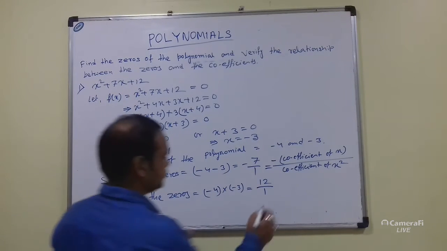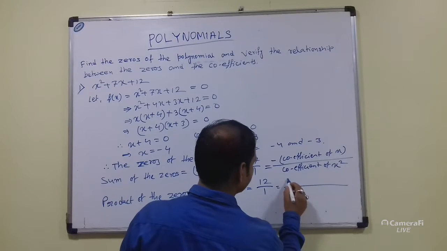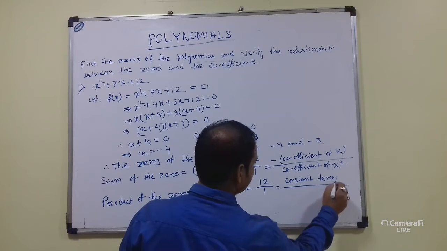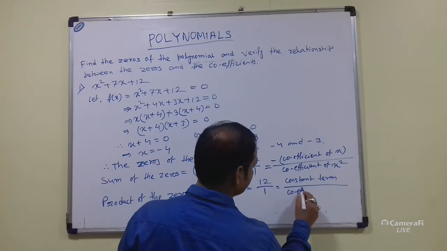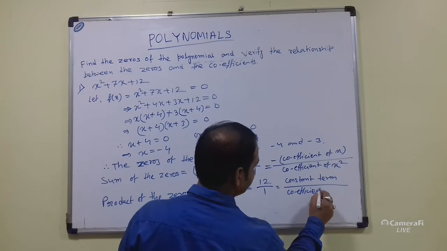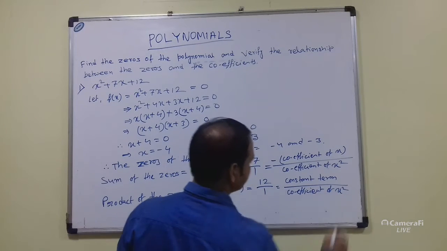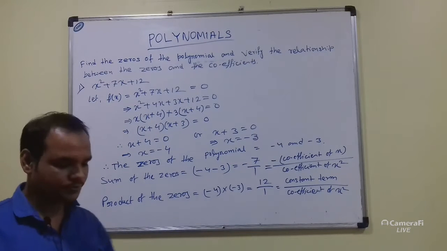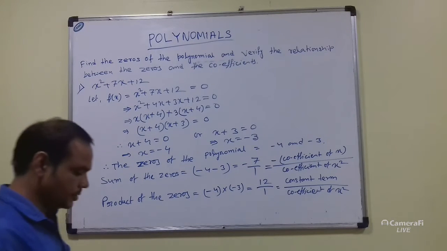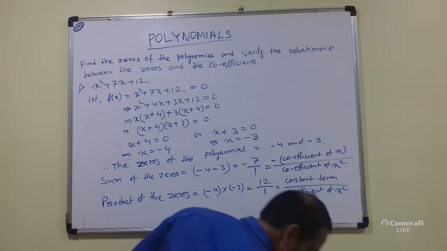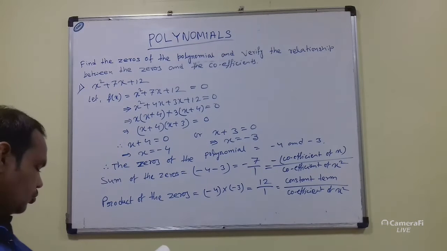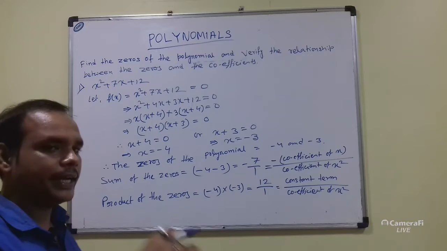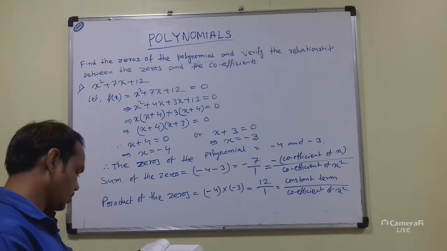So we can write constant term by coefficient of x square, because 1 is the coefficient of x square. Now it is verified. I hope you understood, students. From question 1 up to question 12, the process is exactly the same.